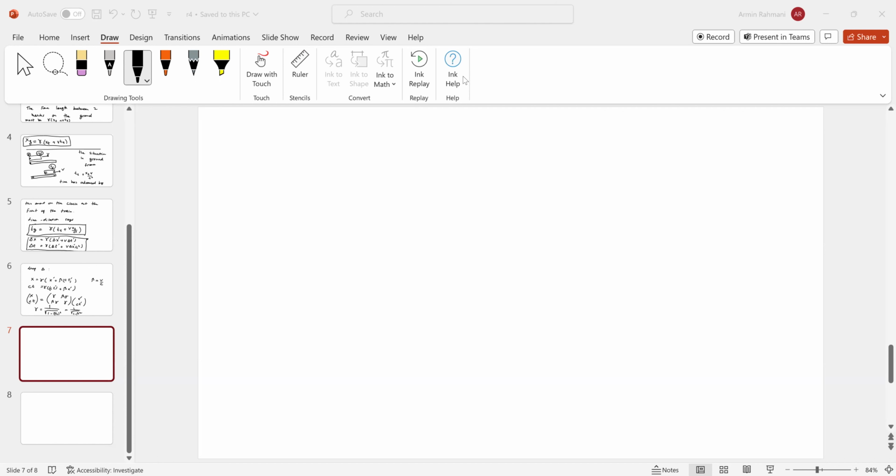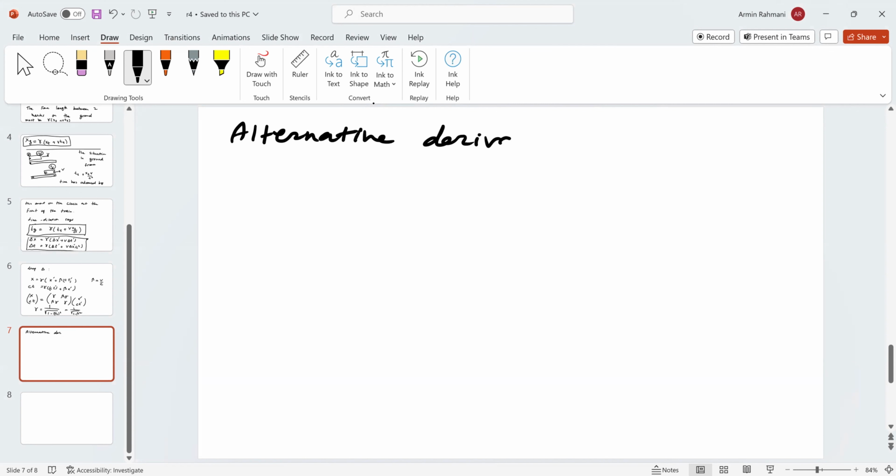And of course, these effects are then special cases of the Lorentz transformation. So let's start with an alternative derivation, which maybe makes that connection even more clear.